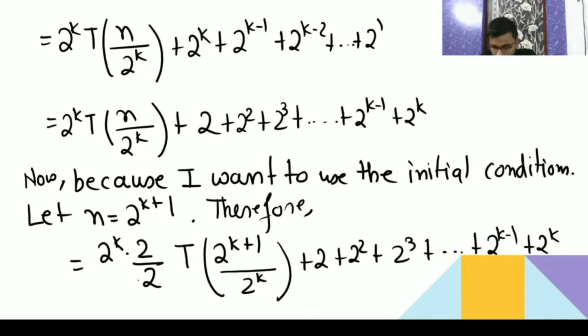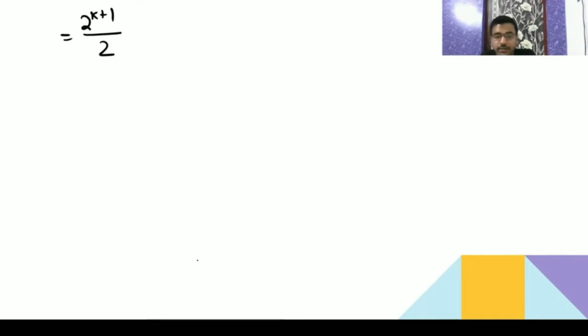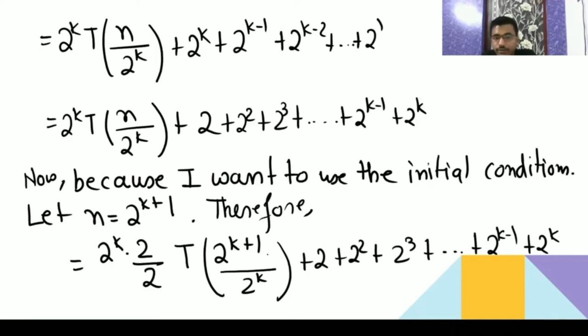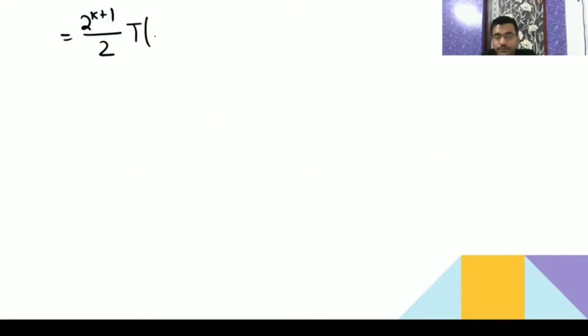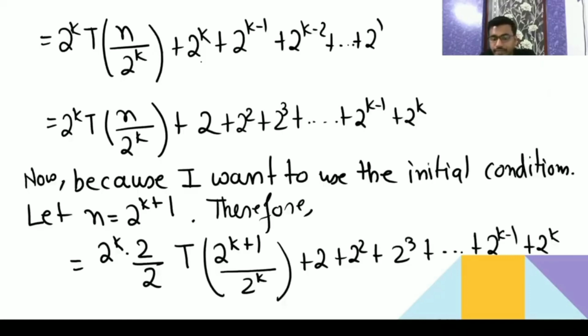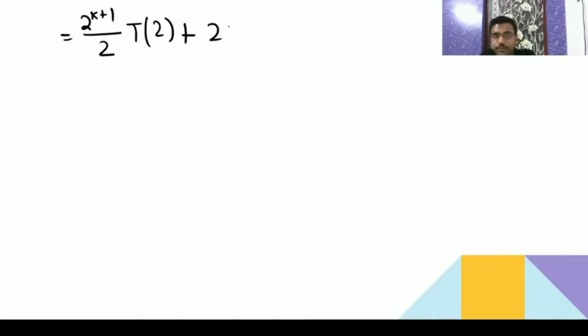So we are going to get here 2 to the power k times T(2 to the power k plus 1 by 2to the power k). Taking T of 1 equal to 1, it will get divided and you are going to get T of 2, then plus 2 plus 2 square, then 2 to the power 3, 2 to the power 4, till 2 to the power k.